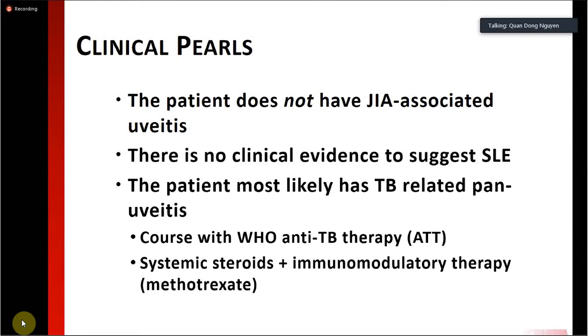And therefore, we suggested, and the patient went on to get better, that the patient get anti-TB therapy, so ATT. It was not without much deliberation, because the patient is young and we don't want to commit her to it. But given the findings she has, and given that she has a risk factor, coming from a certain endemic area of the world, we thought that was appropriate.